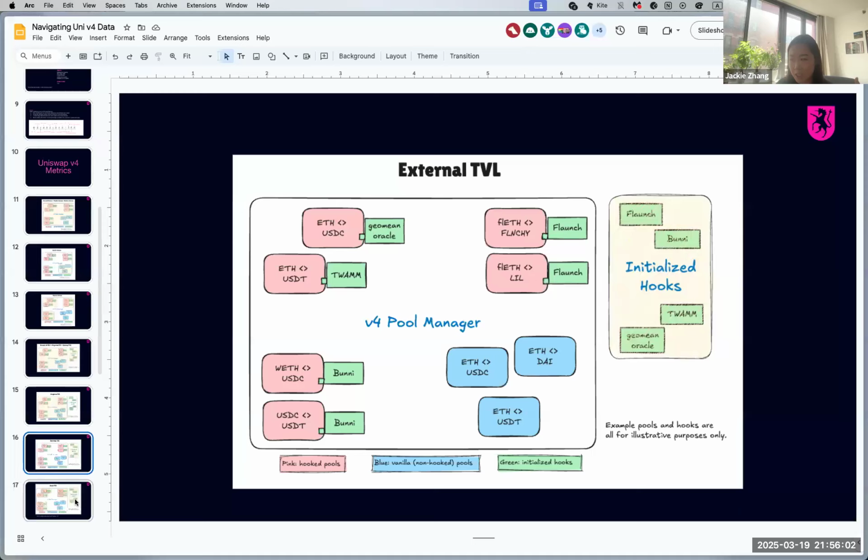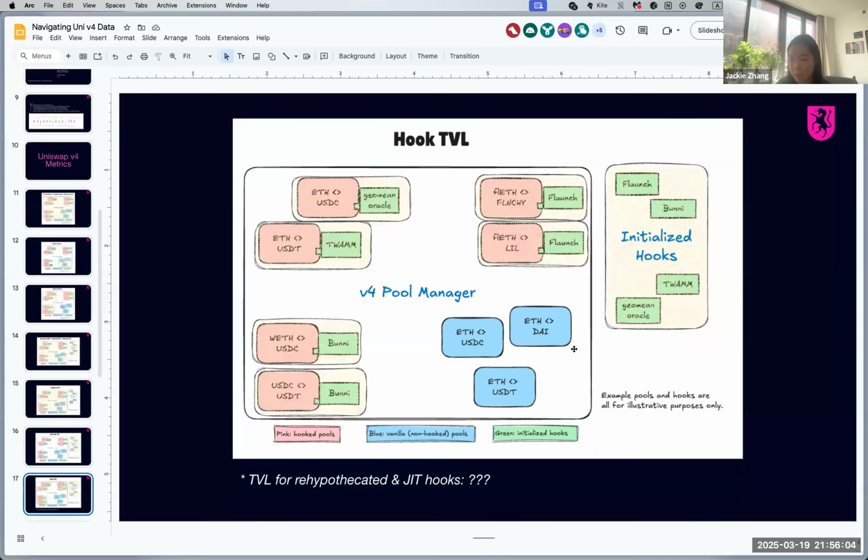The complication actually comes in on special hooks. So we have use cases where you have rehypothecated hooks, right? Where for Bunny, for example, the LPs can deposit liquidity through Bunny into a V4 hooked pool.